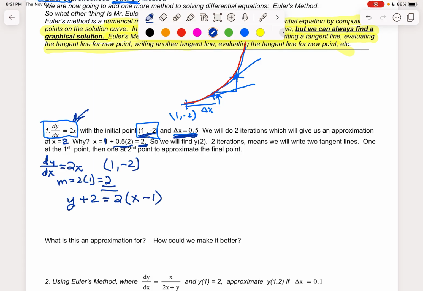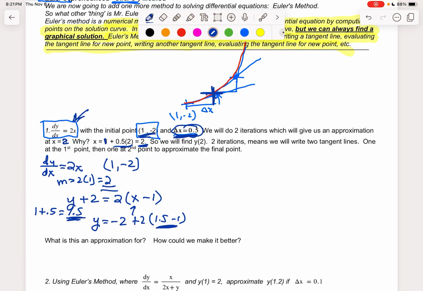Now we jump over half a unit to the right from 1. My new x is our initial x plus our change, 0.5, so we're at 1.5. We substitute into the tangent line to find our new y. If I bring the 2 over, I get -2 plus 2 times (1.5 minus 1).